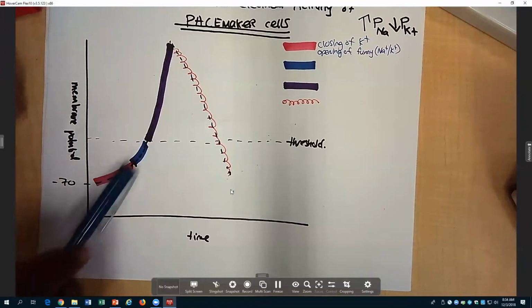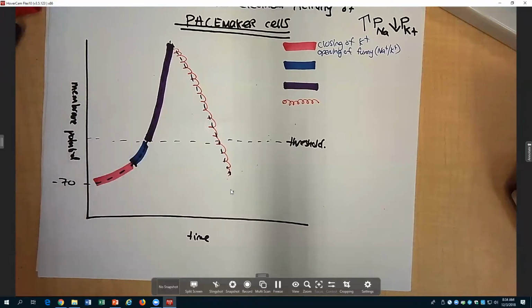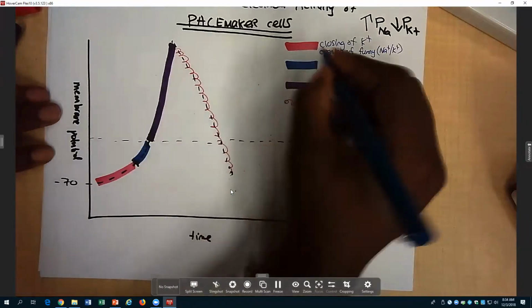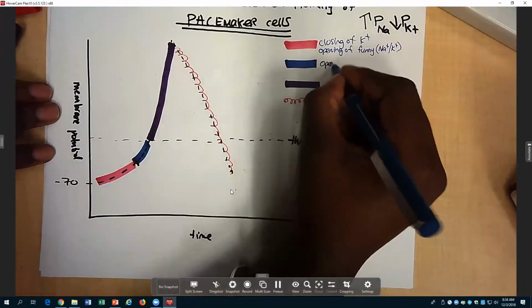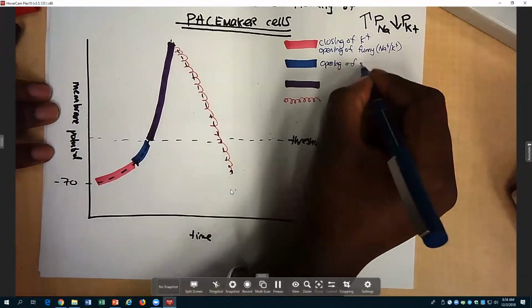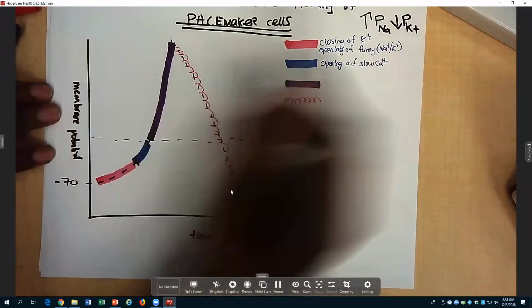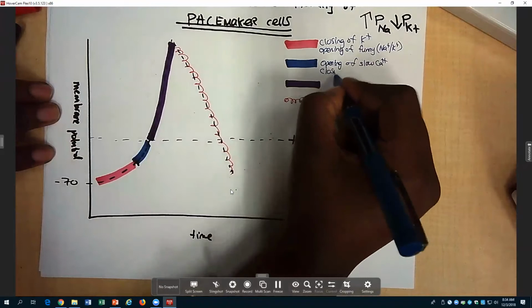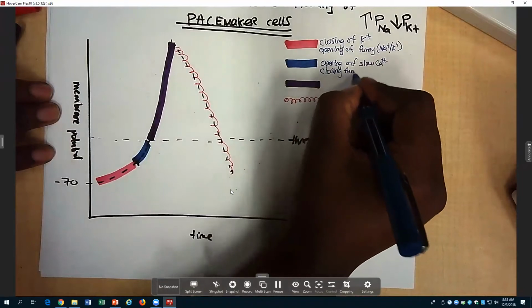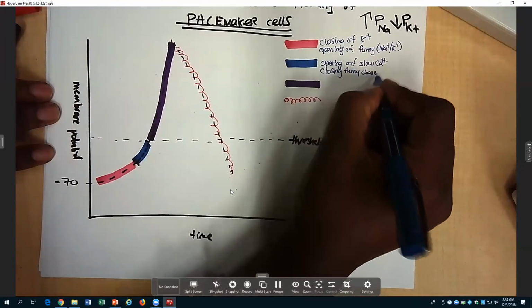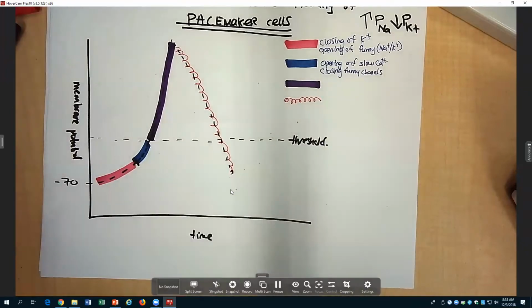The second step is, now we have the opening of some slow calcium channels, right? So the opening of slow calcium channels. We also have the closing of those funny channels. Okay?